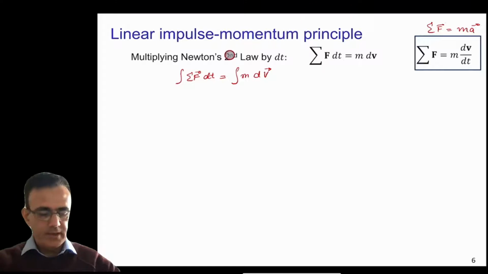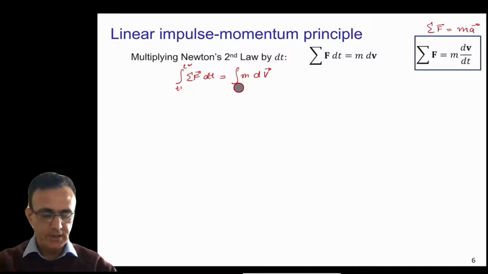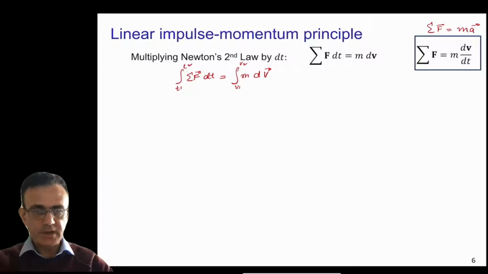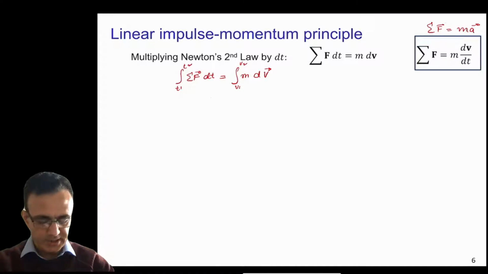Okay, so on the left hand side, you are integrating with respect to time. So the limits of the integration will be the limits of time, which will be t1 to t2. And on the right hand side, you will have the limits of velocity, because you are integrating with respect to velocity, so this will be v1 to v2 here. So if you do the integration, it will be t1 to t2 and F dt.